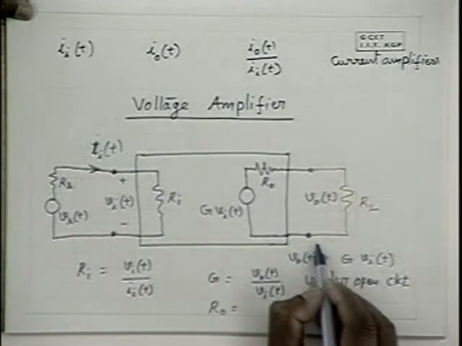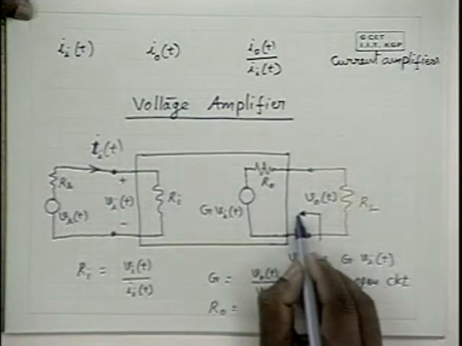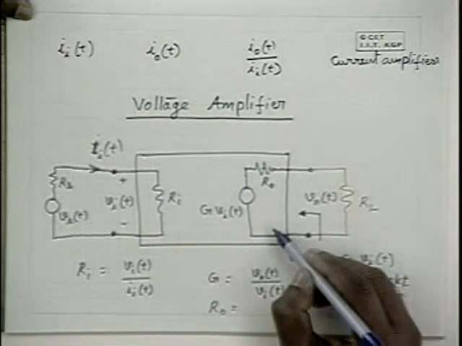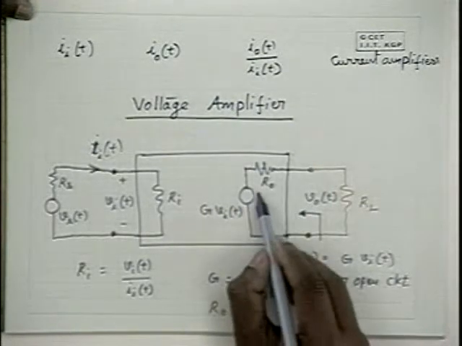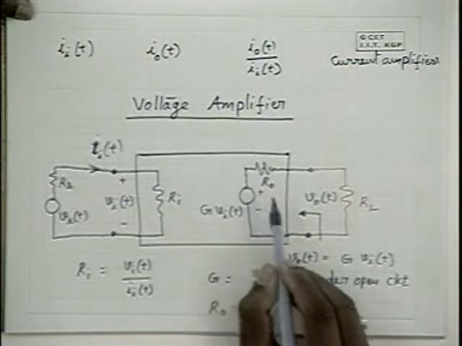What about R_O? R_O is the impedance looking into these terminals, or the resistance exhibited across these two terminals, when this voltage is 0. That means this is a short circuit.